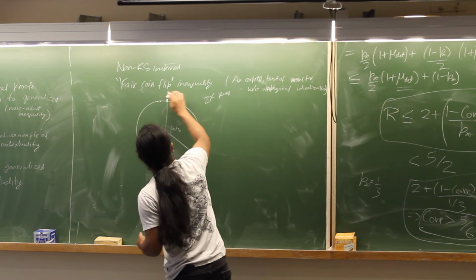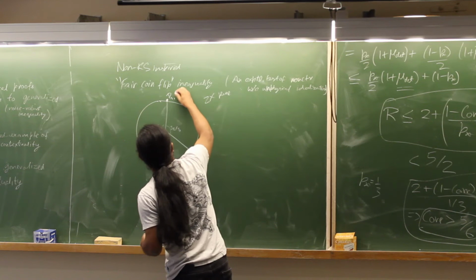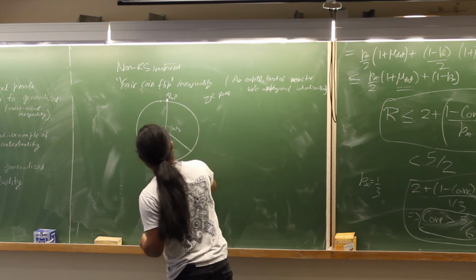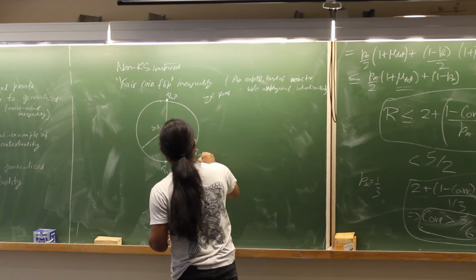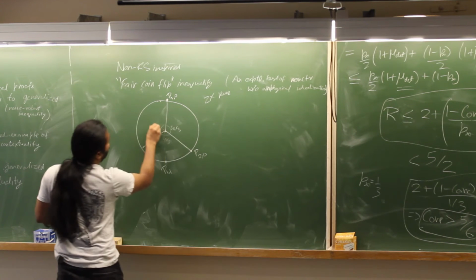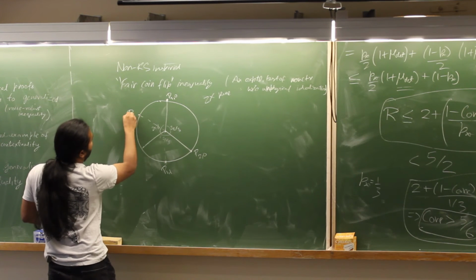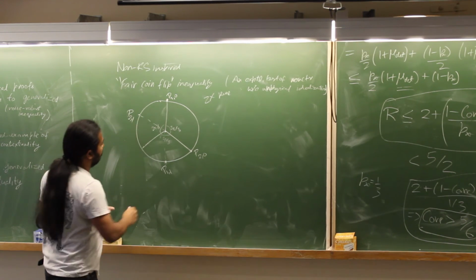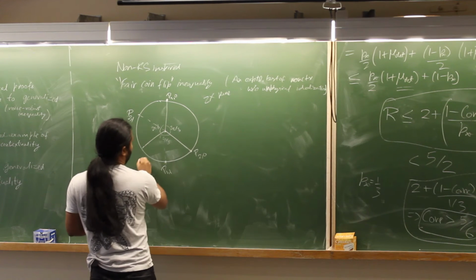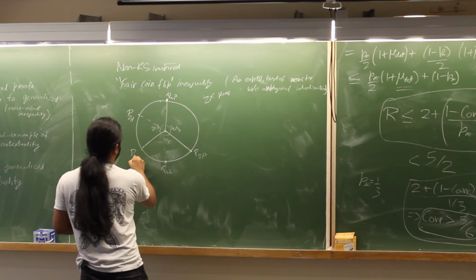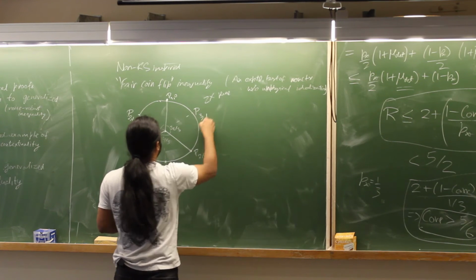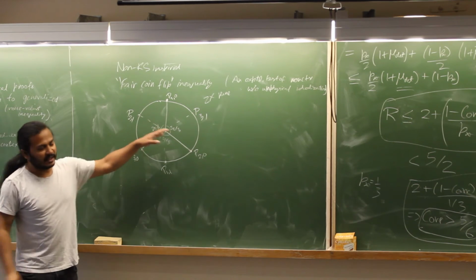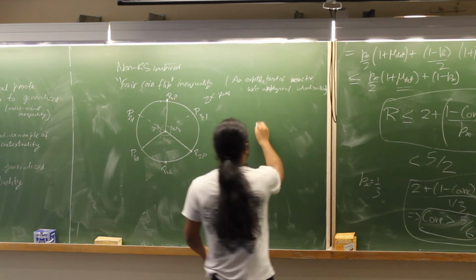But abstractly, let's call these preparations P10, P11, P20, P21, P30, P31. So 3 ensembles of preparations.